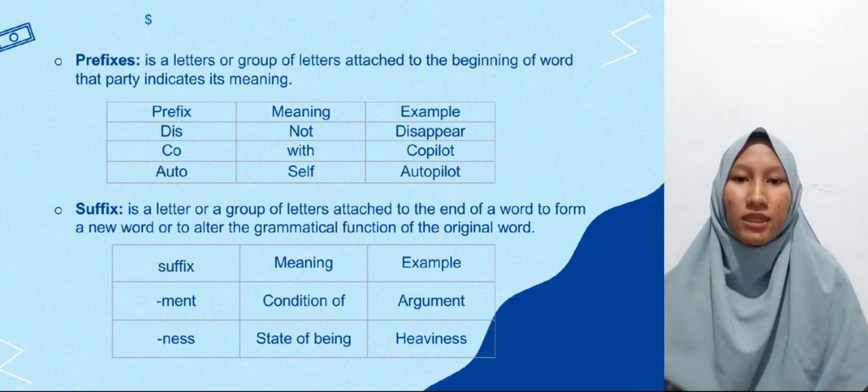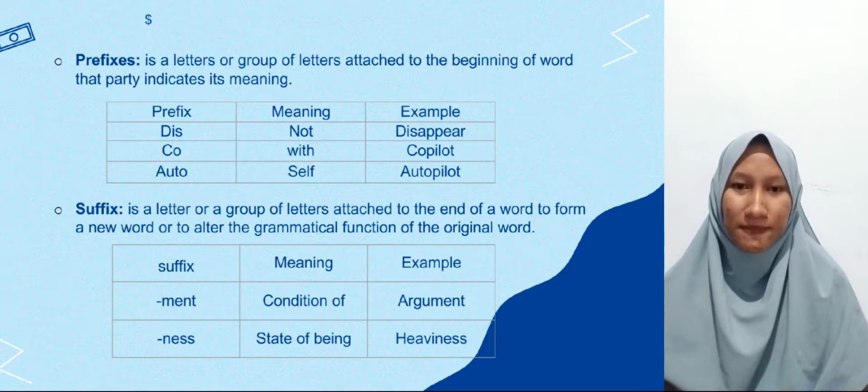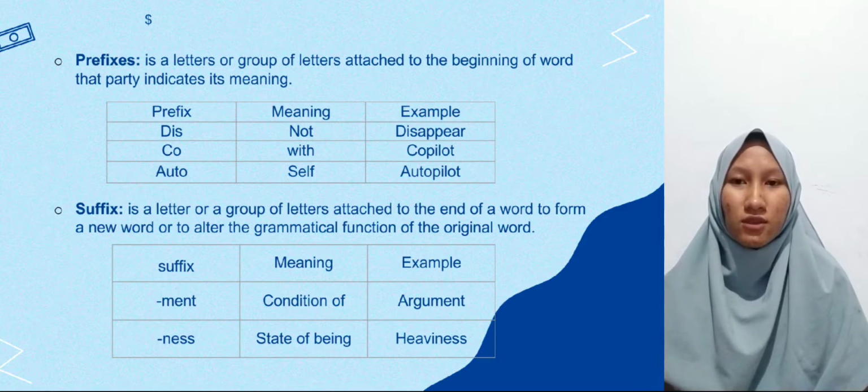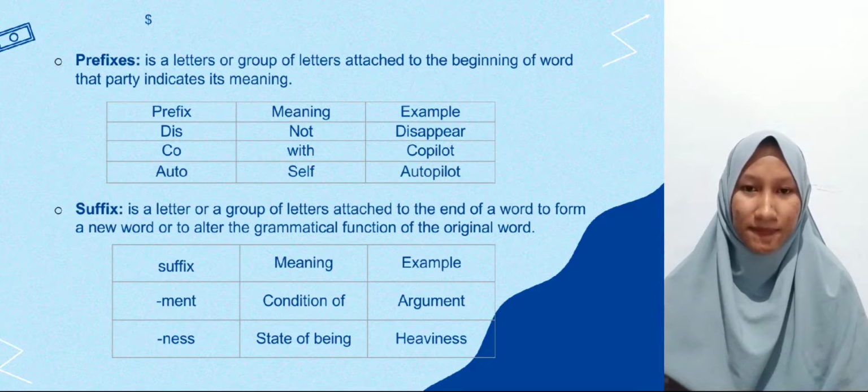If you attach it to appear, which means muncul, it becomes disappear or menghilang. The next example is co. If you attach it to pilot, it becomes co-pilot. The next is auto. If you attach it to pilot, it becomes autopilot.